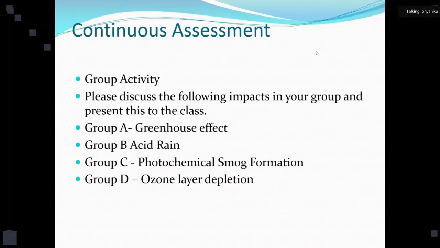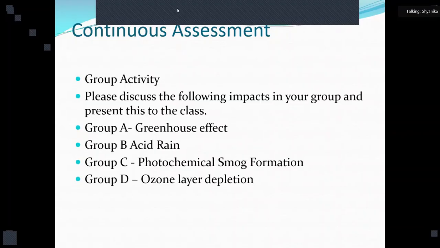I will divide you into the group breakout rooms, and within the rooms everyone can talk within the group, and then present those. Okay, so that's the way of doing this.